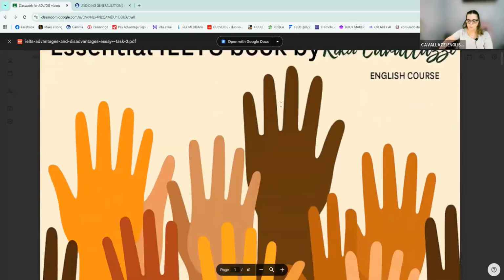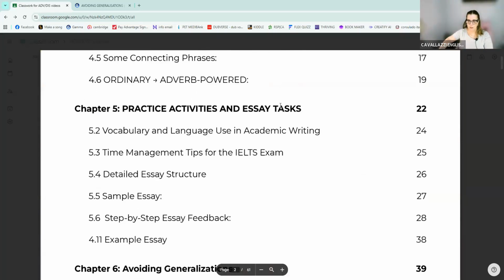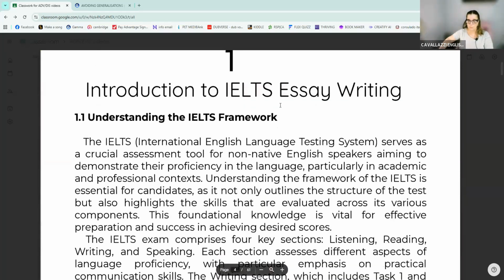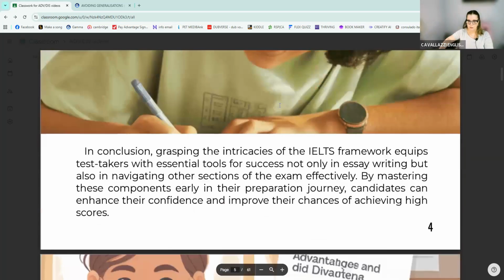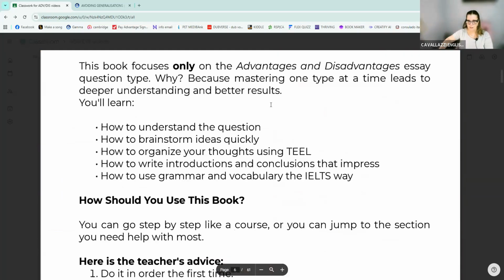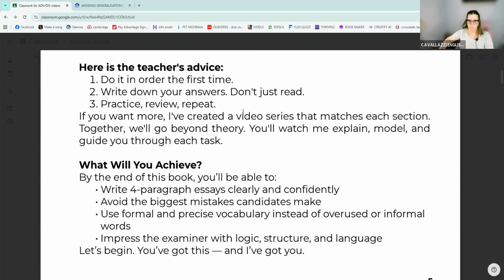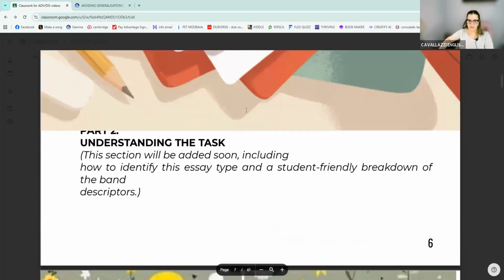But going back to the book, I'll go through it and I'll tell you right away, talking about advantage and disadvantage, then we'll move on to opinion. Here is the whole introduction of the book, and here I explain why this book is important. And we're going to page 8.